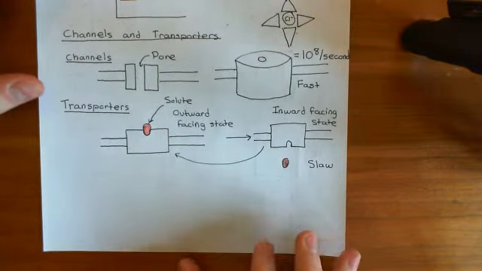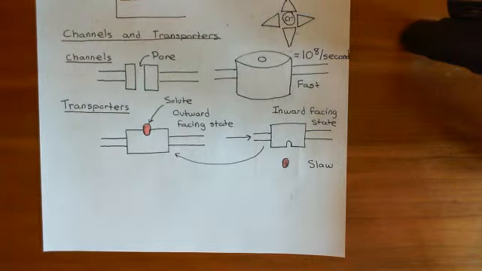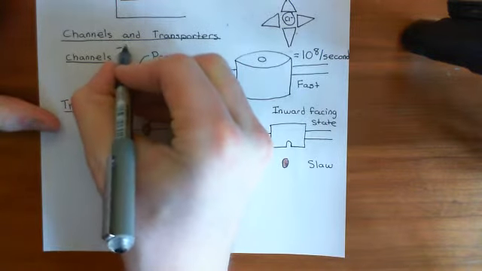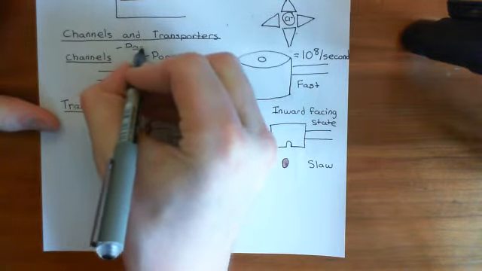Okay, right. So now we've seen the basic distinction between channels and transporters. Let's talk about the division of transporters further up into passive transporters and then active transporters. Channels are absolutely always passive.